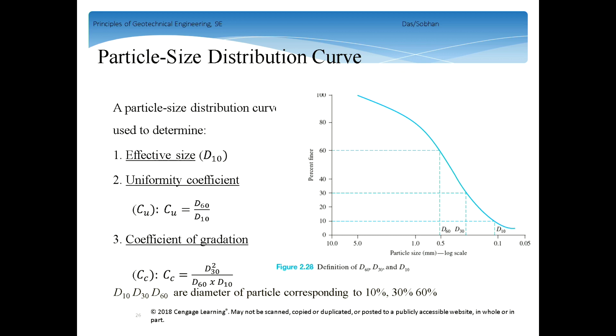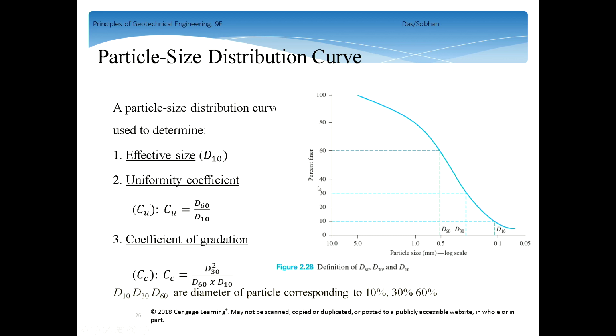10, 30, 60 in here is the percentage. So just go to the y-axis, find the 10, 30, 60, the accordance. The x-axis is the particle size, that for D10, D30, D60, right? So D10, D30, D60 is a particle size, it's not a percentage.